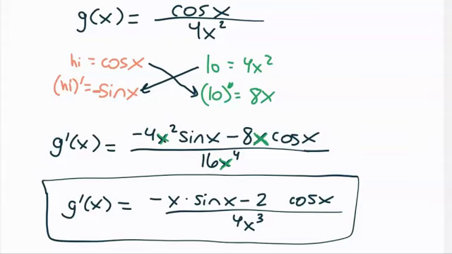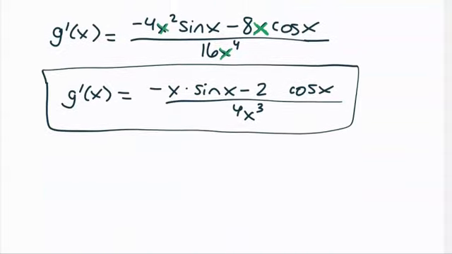All right, let's try one maybe that has product rule and maybe more than one trig function. A lot of times those multiplication dots aren't there, but sometimes I like to emphasize them for myself.